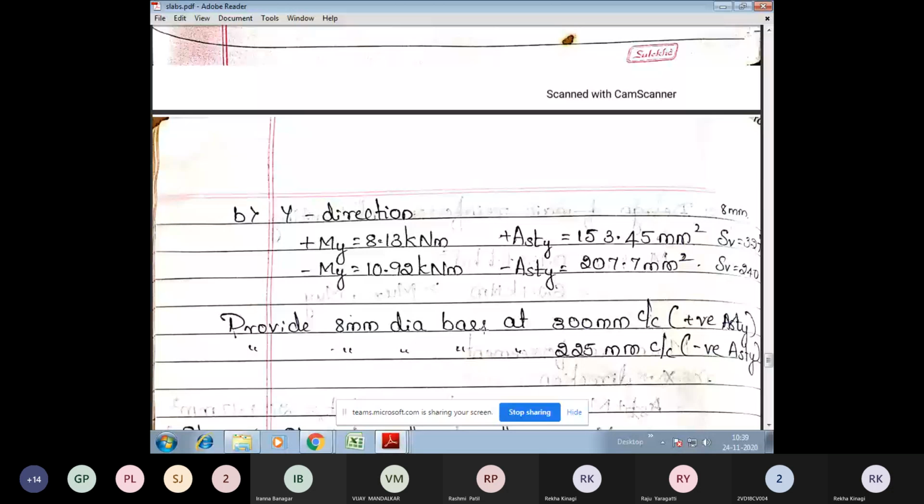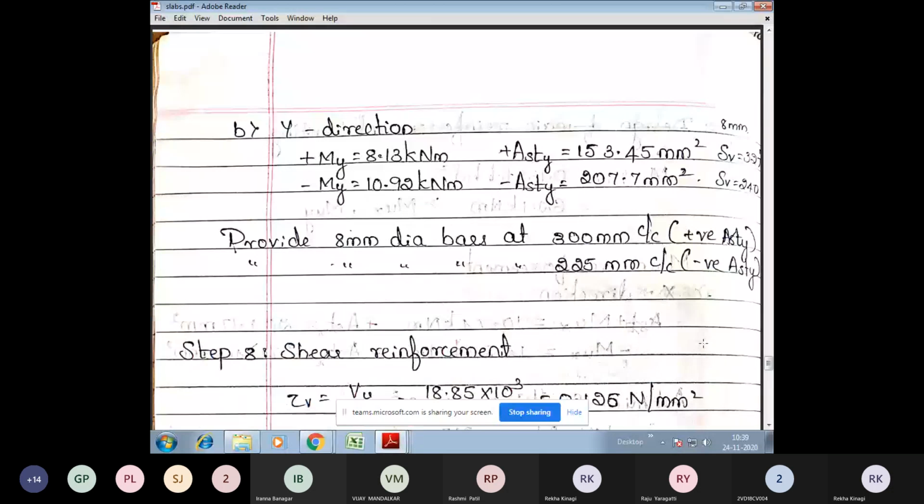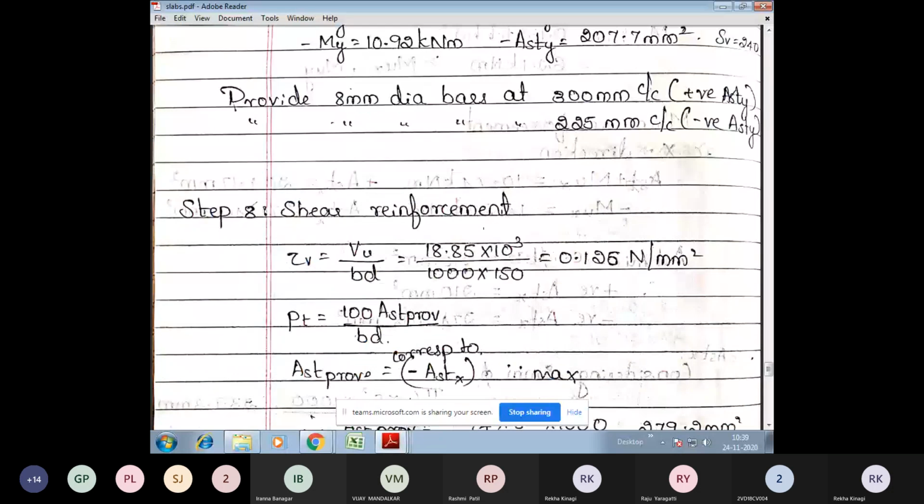And the next thing is shear reinforcement. In order to calculate shear reinforcement, as already said, K into tau C should be more than tau V. So let me check whether this criterion is satisfied or not. We'll be comparing tau V with K into tau C. Tau V value is Vu by bd, so it turns out to be 0.125 Newton per mm square.